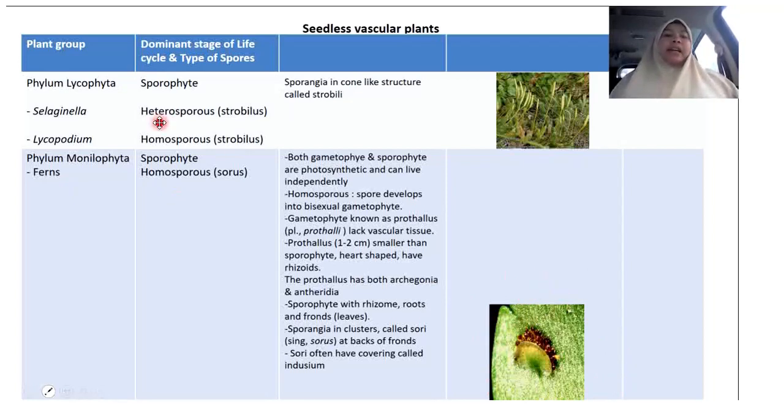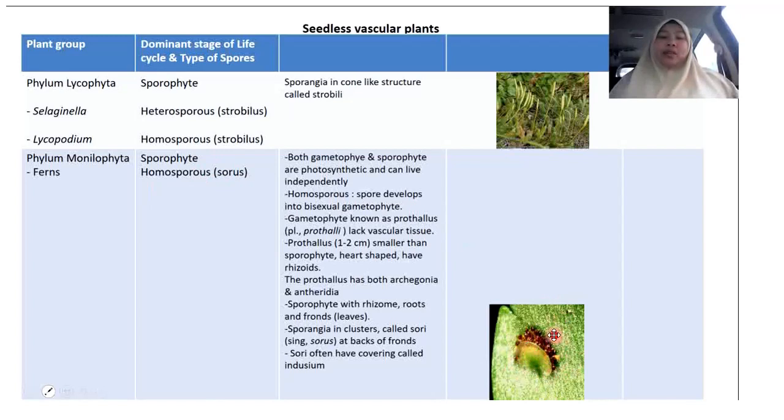For phylum Lycophyta, the dominant stage of the life cycle is no longer the gametophyte, but the sporophyte. Selaginella produces two different types of spores, so it is heterosporous, while Lycopodium produces one type of spore only, so we call it homosporous. Fern produces one type of spore in a structure we call a sorus.